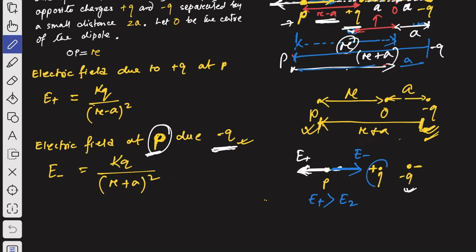E positive is greater than E negative because the positive charge Q is closer to P compared to the negative charge Q.